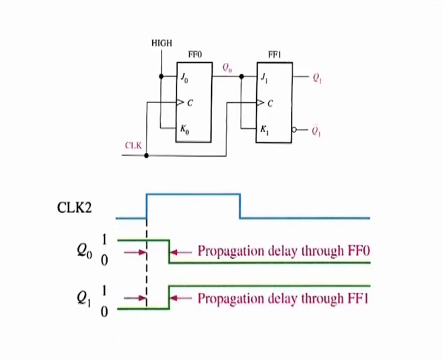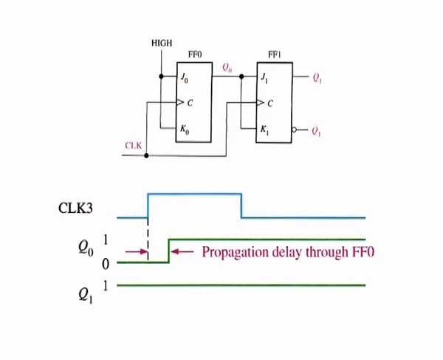Since flip flop 1 has a high on its J1 and K1 inputs at the triggering edge of the clock pulse, the flip flop toggles and Q1 goes high. Thus, after clock 2, Q0 is equal to 0 and Q1 is equal to 1, which is a binary 2 state.